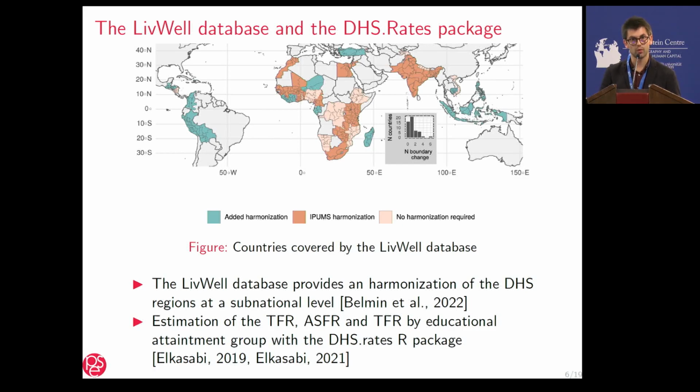So it is possible then to link several DHS surveys at a subnational level. And then what we do is estimate the total fertility rate, the age-specific fertility rate, and the total fertility rate broken down by educational attainment group with the DHS rate package that was created 3 years ago.